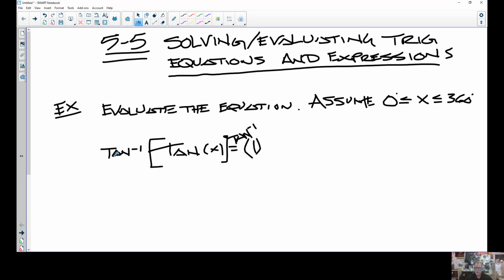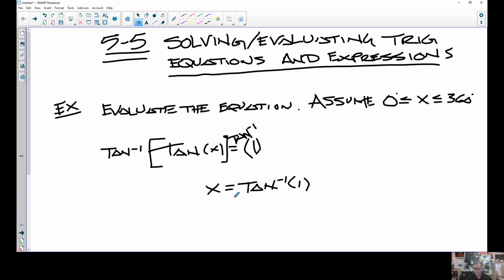Now, what this means is the angle whose tangent is the tangent of x. So if you're asking what angle has a tangent that's the tangent of x, it would be x, wouldn't it? Doesn't that just unwind itself, so to speak? So this side becomes x. This side is tan inverse 1, the angle whose tangent is 1.